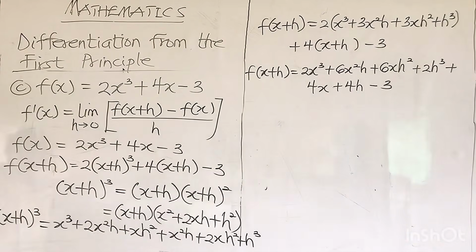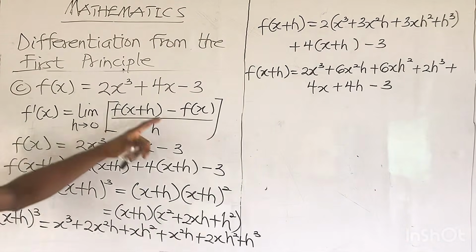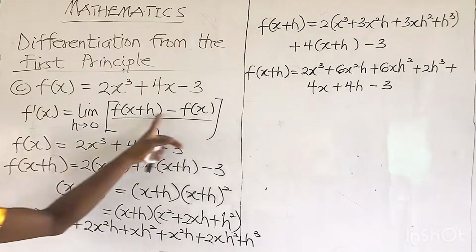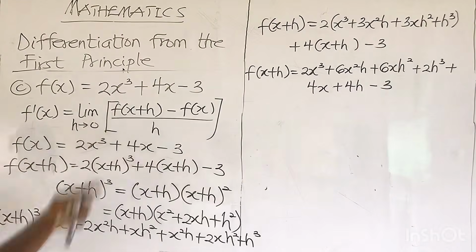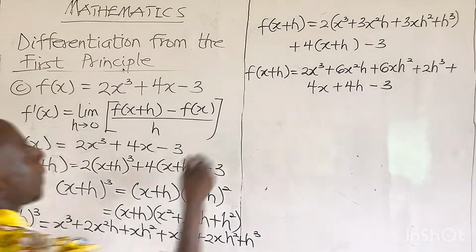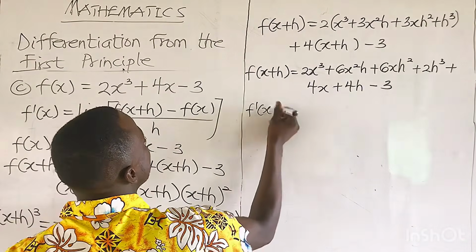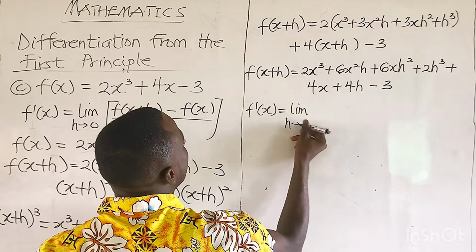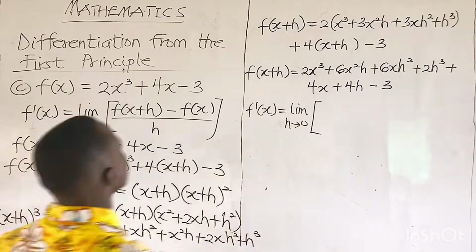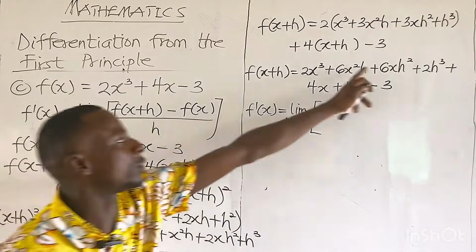After getting your f of x plus h, it means that you can make a substitution here. Don't forget that your f of x is still here, so you just make a substitution in it. So f prime of x is equal to limit as h approaches 0. The whole of this is what we have here.